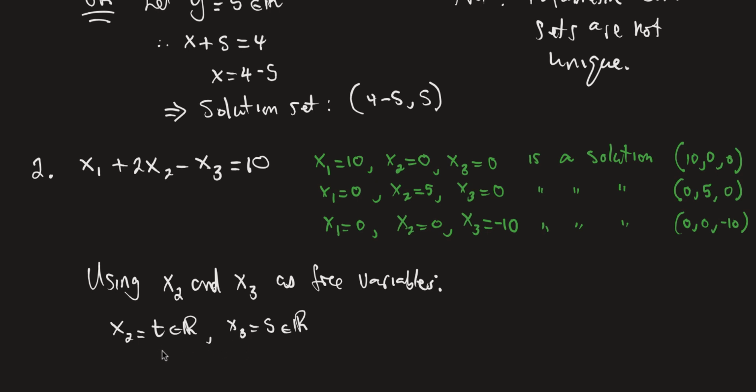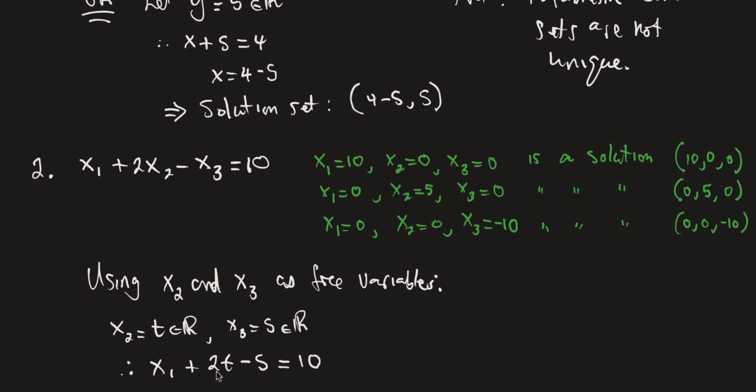So this is where using multiple parameters is useful. But once I do this, I have to figure out what x1 would have to be in terms of t and s. So therefore, x1 plus 2t minus s would have to be equal to 10.